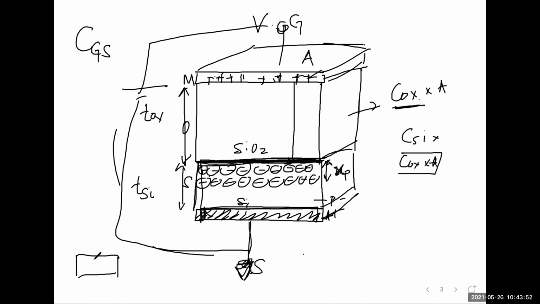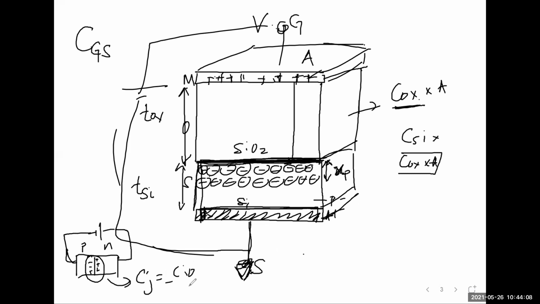If you had a PN junction and you did a reverse bias like this, you remember this depletion was actually a capacitance, right?